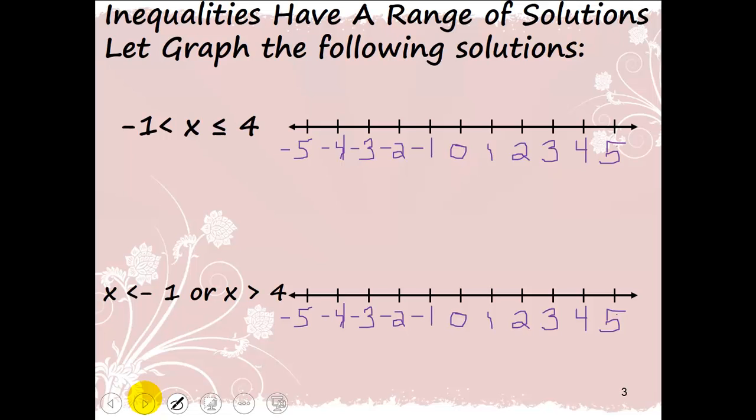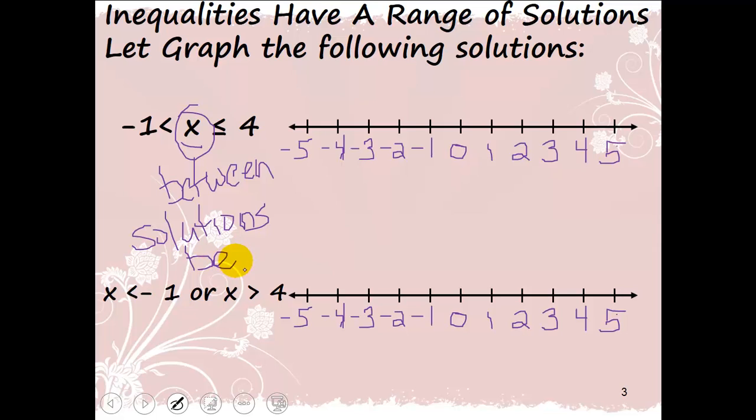Another example we're going to use throughout this video is x is greater than -1, and at the same time it's less than or equal to 4. Notice how x is between. That means our solutions are going to be between those two endpoints. So graph those endpoints and then connect a line.